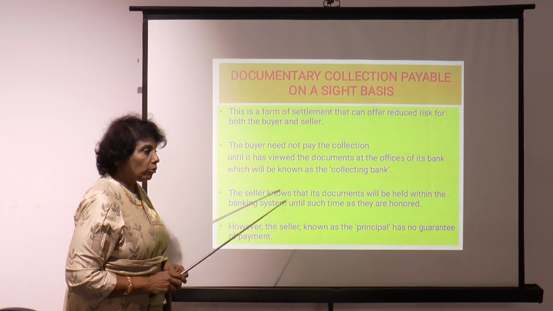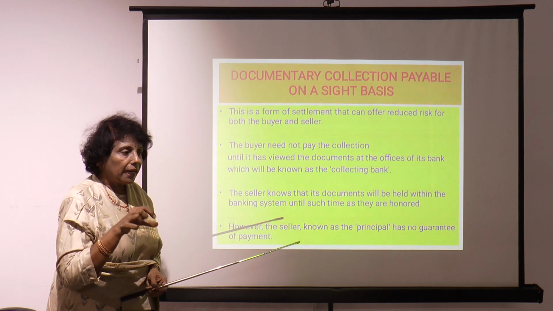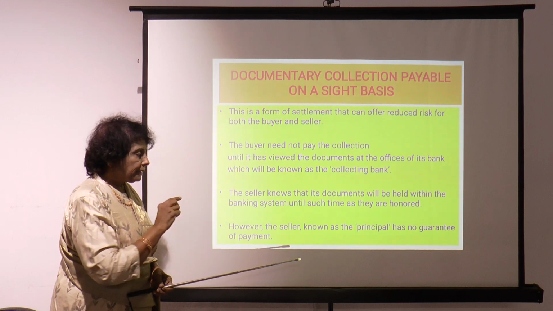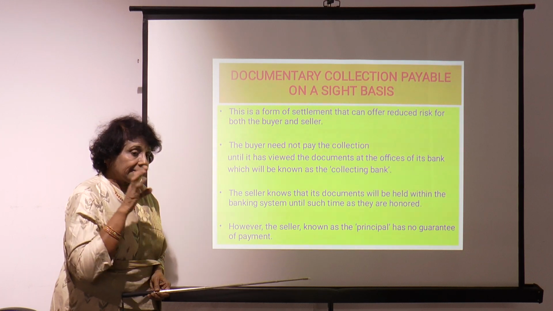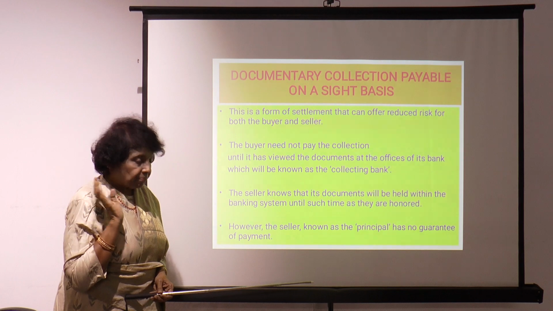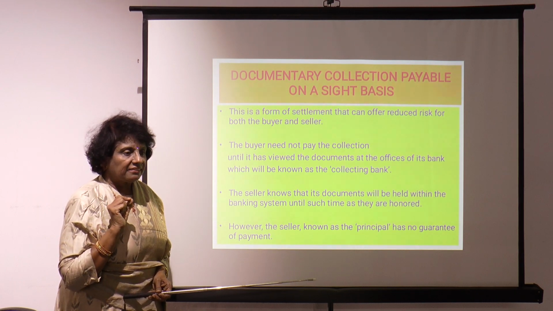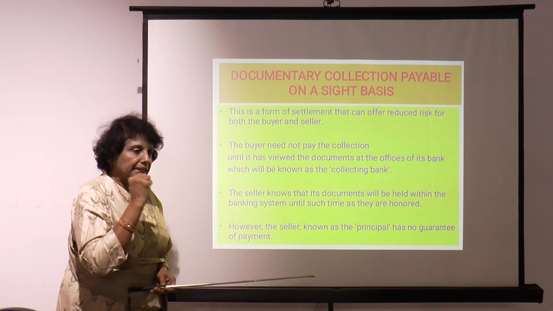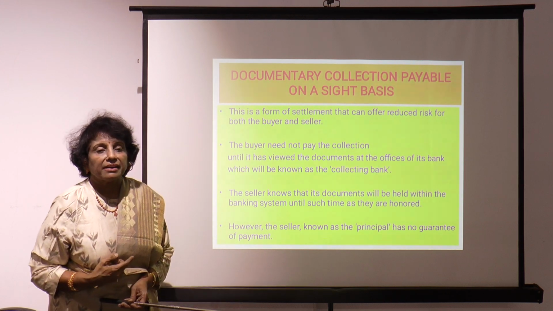The seller knows that the documents will be held within the banking system. However, the seller still has no guarantee of payment. Here the seller is known as the principal, and the seller's bank is known as the remitting bank.